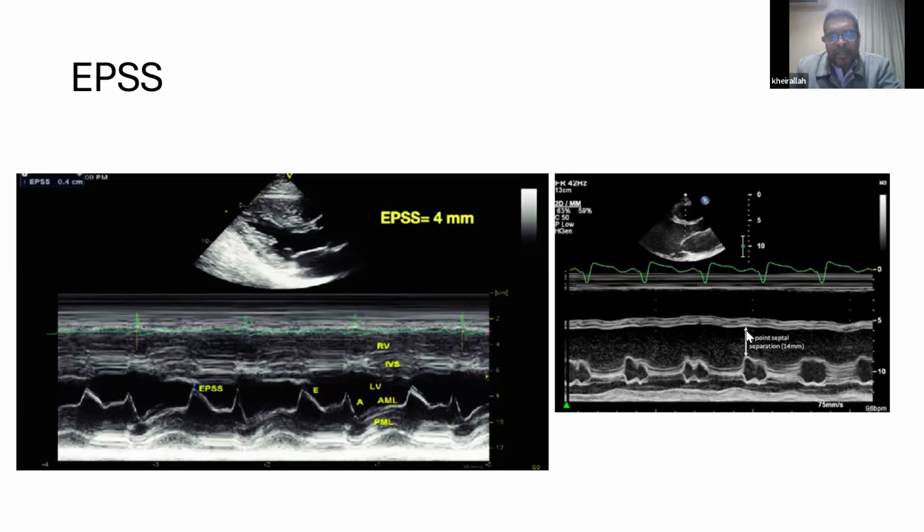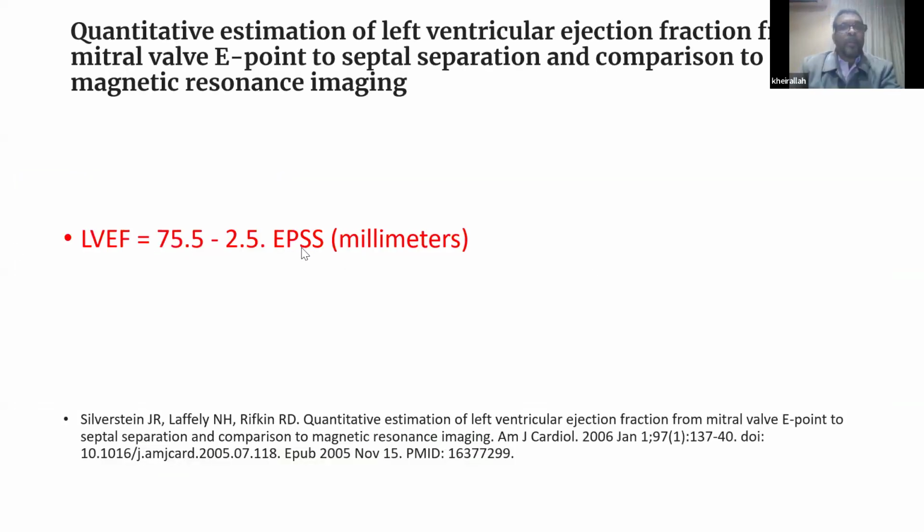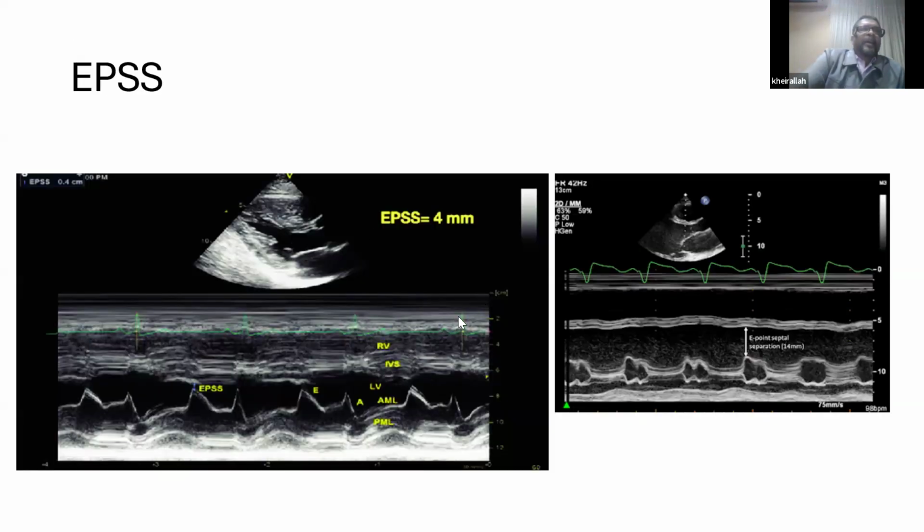This distance is lengthy. But if the LV is normal or hypercontractile, the length between the E point and septum is going to shorten. The normal is more than 7, more than 8. Anything lower than 7 is considered abnormal.